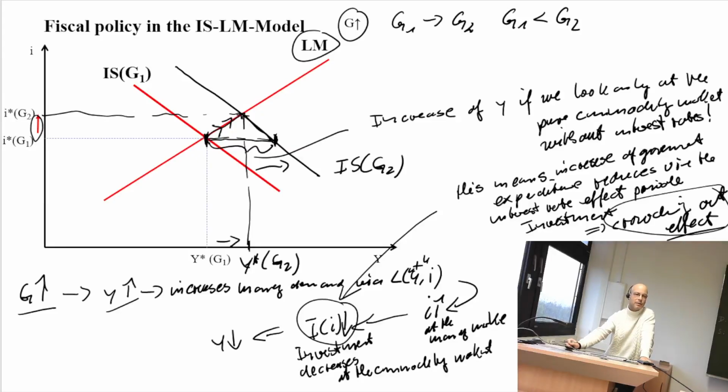Remember when we talked about the scrappage allowance in the financial crisis in Germany? There, the argumentation was, well, we will start to buy new cars, but we just substitute and we do not buy any refrigerator or something else. So this is a similar effect which we have here now via the money market.